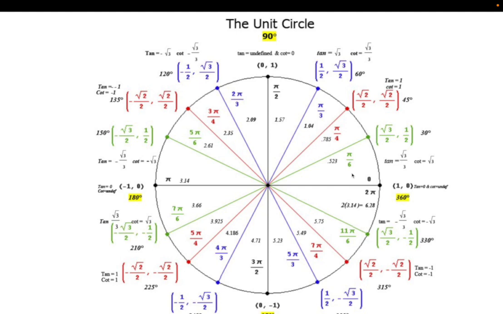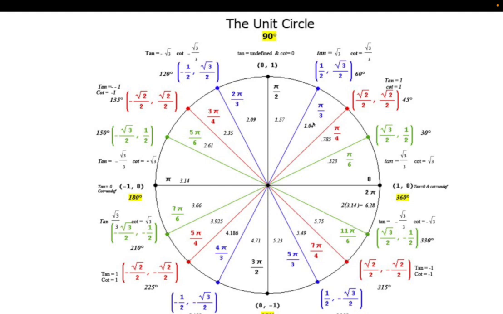And so once we've done that, I don't think the best way to proceed is by rote memorization. I think as long as you understand where these values come from and how they were derived, as we went over in the lecture. And in some cases, when we get outside of the first quadrant, into the second, third, and fourth quadrant, I would have said, hey, now extend the result for pi over 3 to include 2 pi over 3 and 4 pi over 3 and 5 pi over 3.